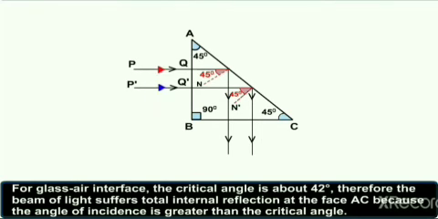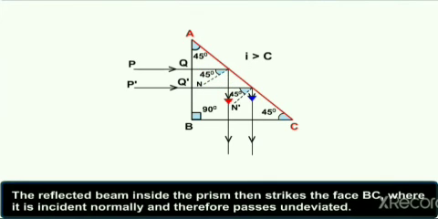Therefore, the beam of light suffers total internal reflection at the face AC because the angle of incidence is greater than the critical angle. The reflected beam inside the prism then strikes the face BC, where it is incident normally, and therefore passes undeviated.